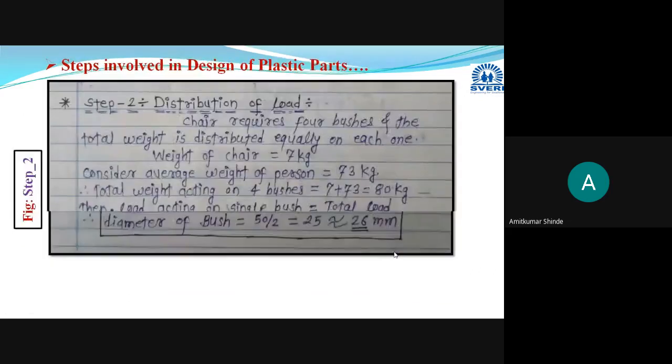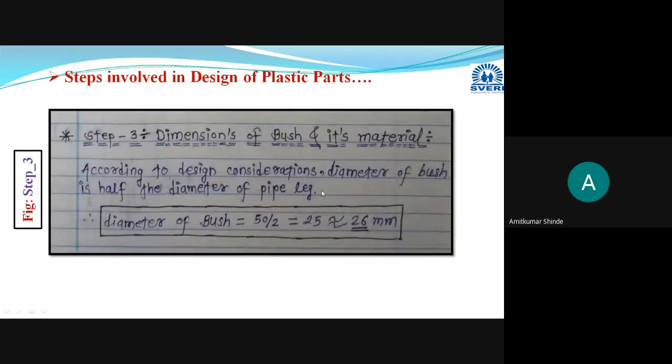According to the design consideration, the diameter of the bush is generally considered as half the diameter of the pipe leg. Pipe leg is nothing but the chair leg. As the diameter of the leg of the chair is 50 millimeter divided by 2, the diameter of the bush will come to 25 millimeter. Approximately we are modifying it, just taking the even number for calculation purposes.